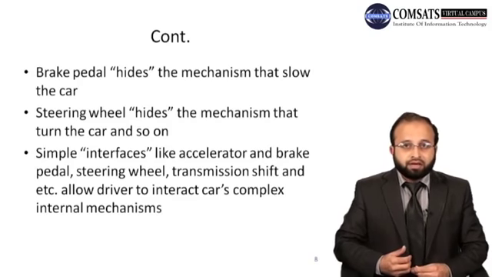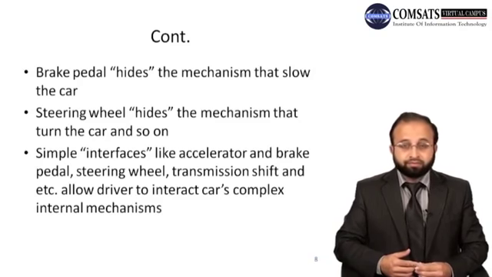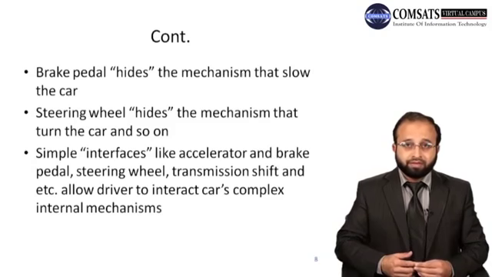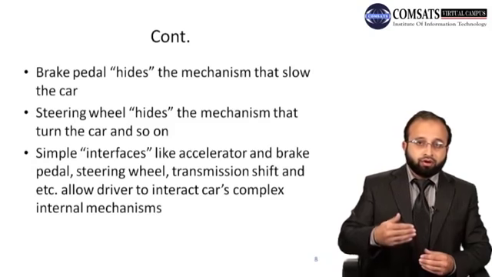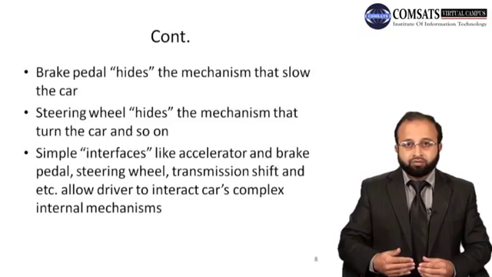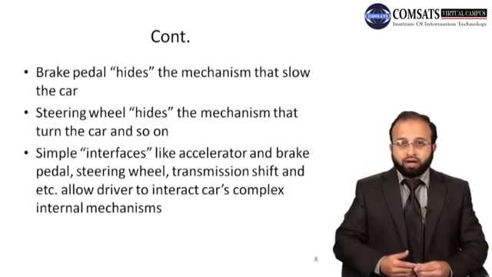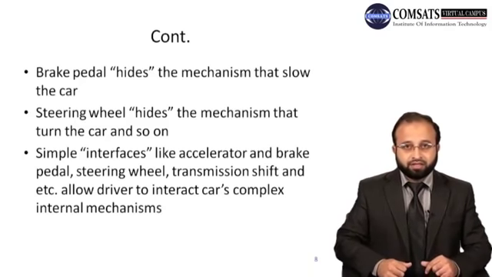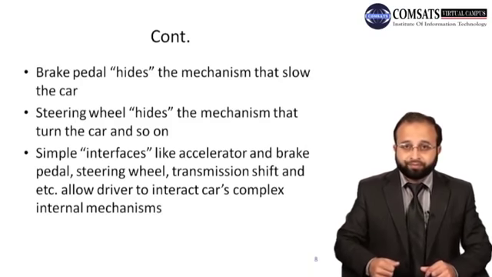The simple interfaces in a car are the steering wheel, the brake pedal, the accelerator pedal, the transmission shift. Using these interfaces, the user or the driver can interact with the complex functions of the car. The driver doesn't know what happens internally inside the car, but he knows that when he presses the brake pedal or, let's say, the accelerator pedal, the car will move faster, right?